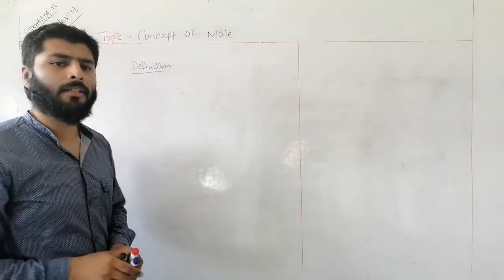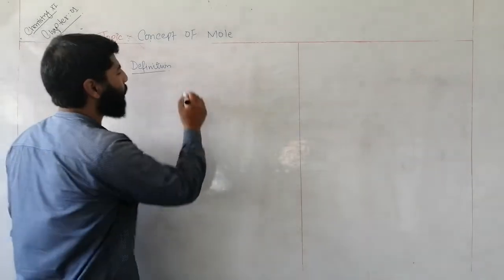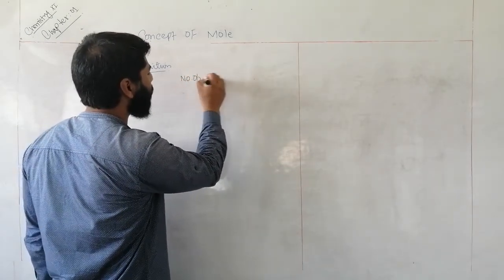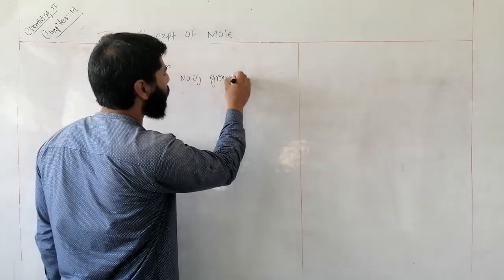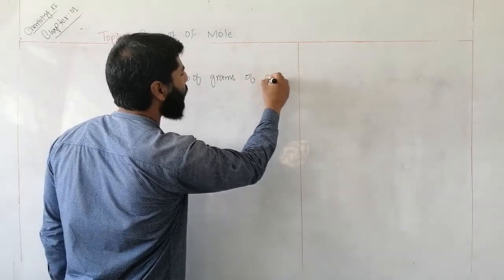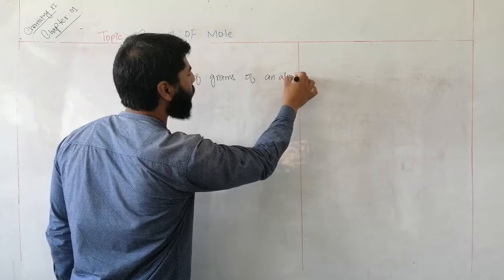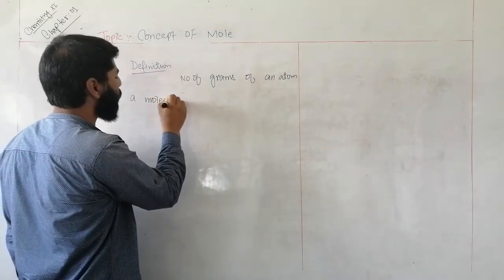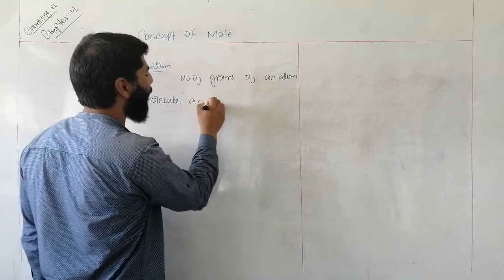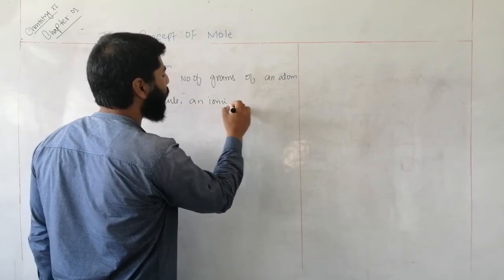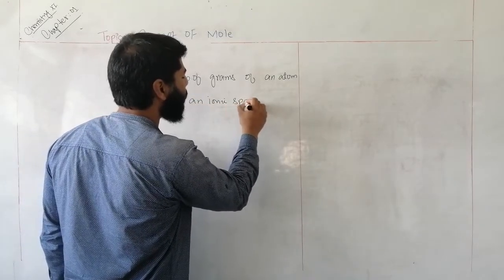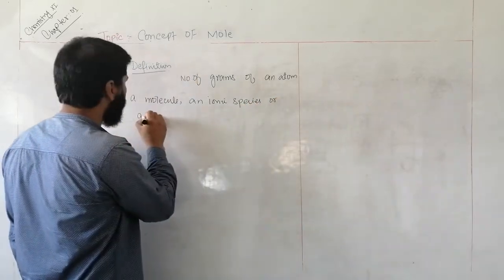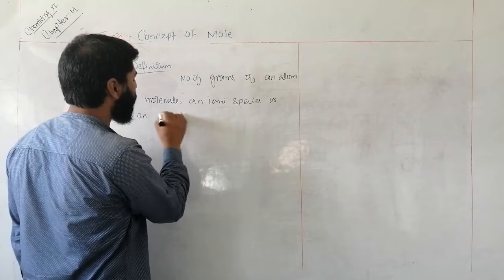By definition, we say that moles are basically number of grams of an atom, a molecule, an ionic species or ion, or an ionic compound.